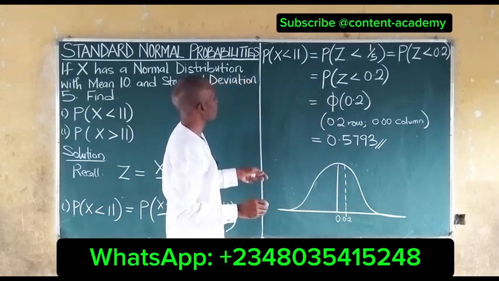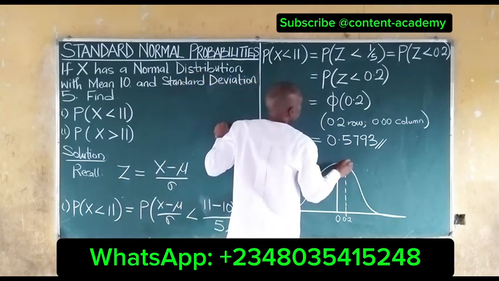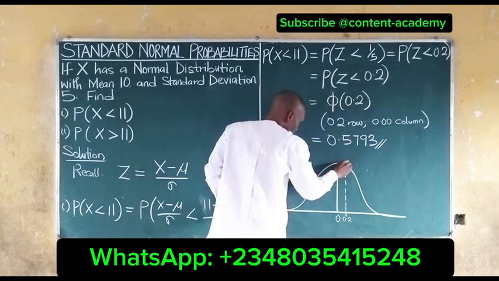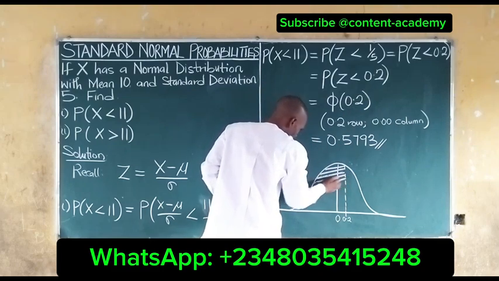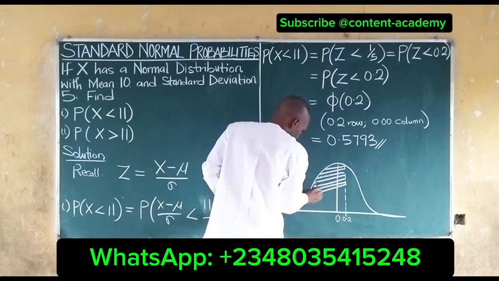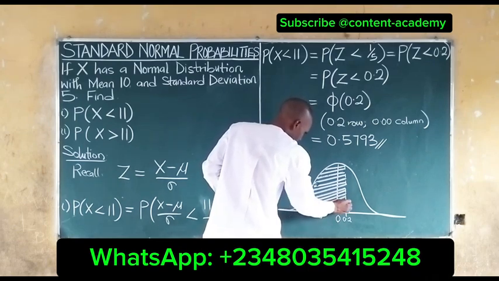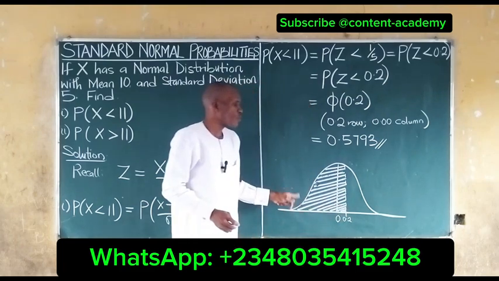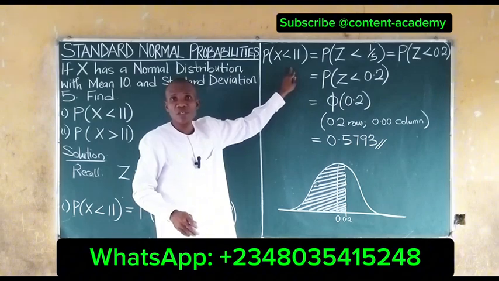Since we have it to be less than, we have our standard normal less than 0.2, so our shaded portion will be this. This is our standard normal curve for the associated question.